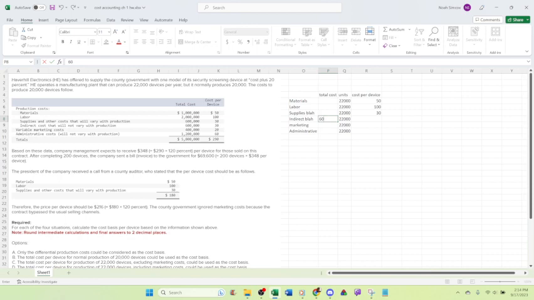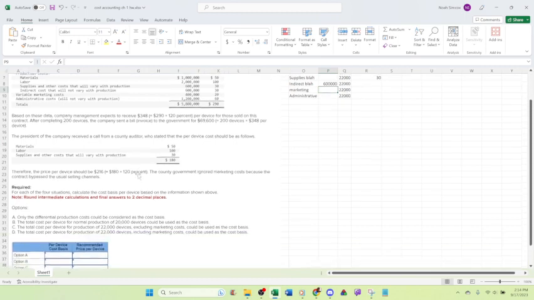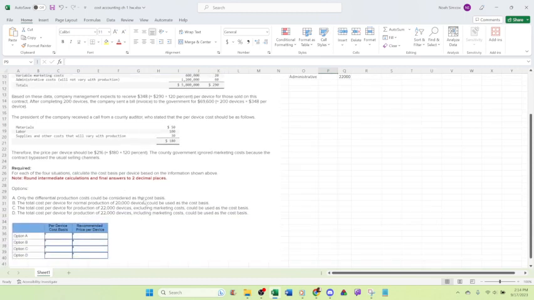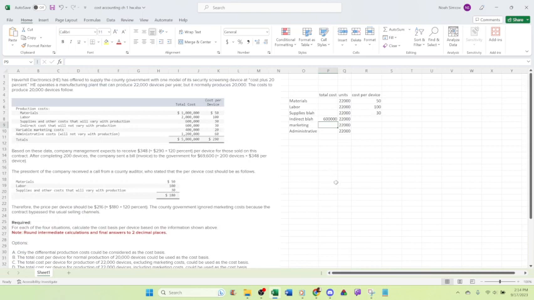The variable marketing costs: we're not going to include marketing costs in the analysis because it says exclude marketing costs. Administrative costs will not vary. It's going to stay at 1.2.